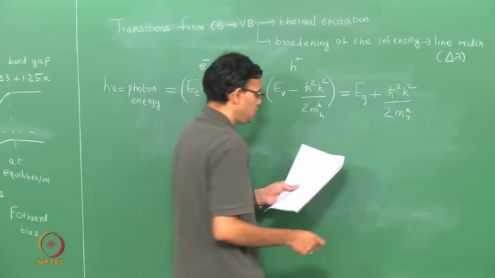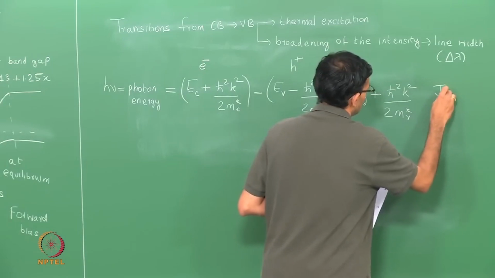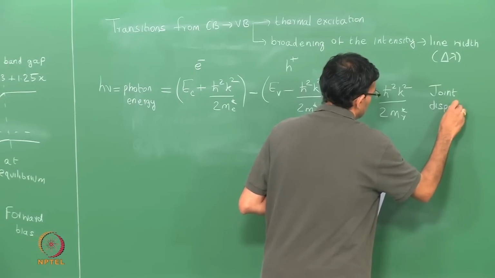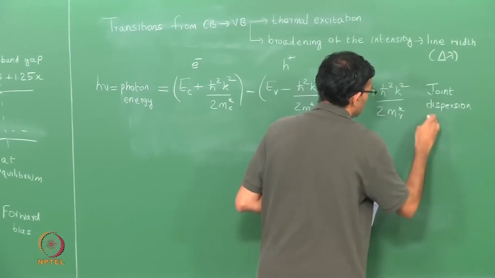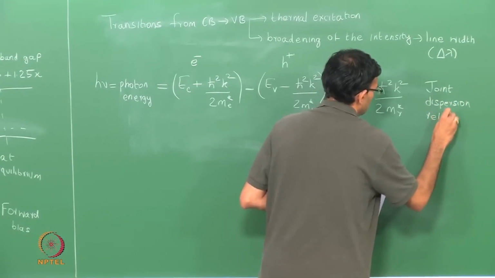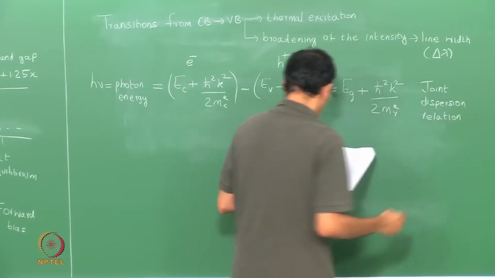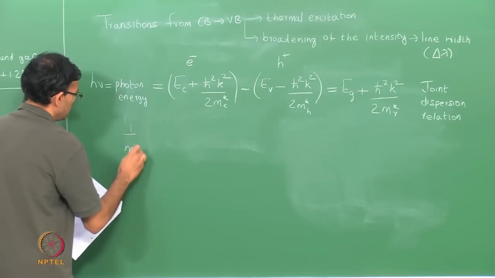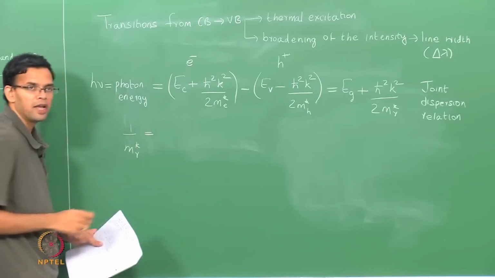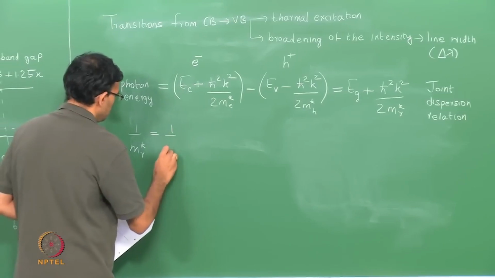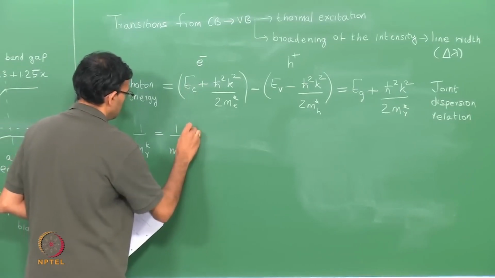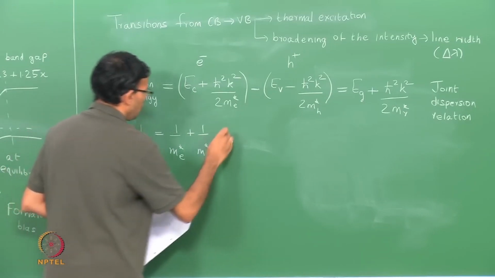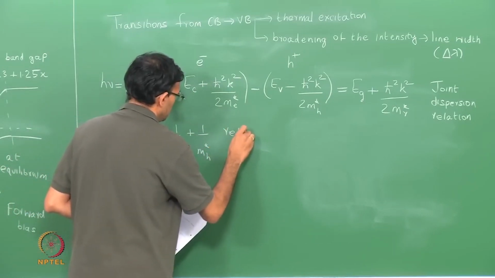This equation is called the joint dispersion relation. m r star is called the reduced effective mass, and 1 over m r star is the sum of the reciprocals of m e star and m h star.